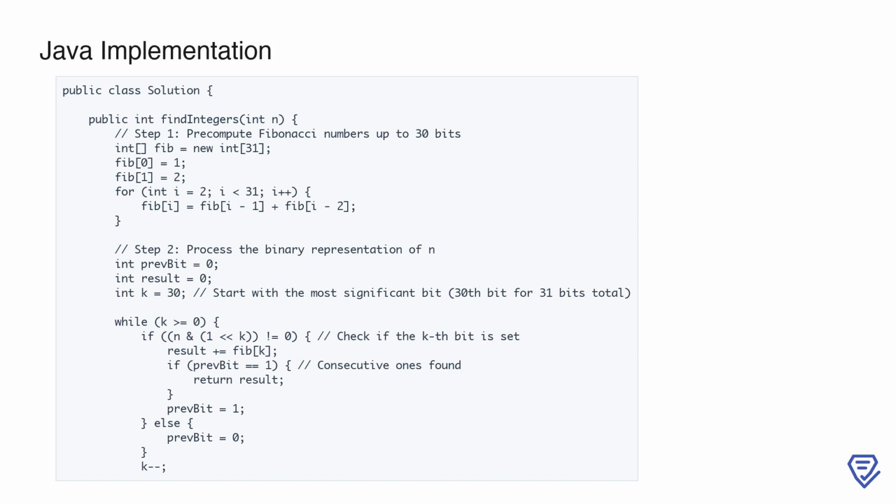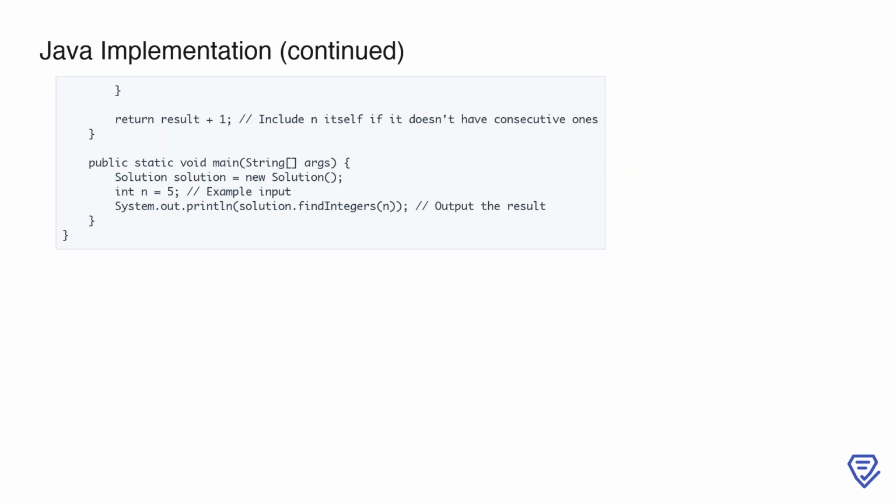However, if the previous bit was also set, indicating consecutive ones, we immediately return the result since numbers with consecutive ones are not valid. Once the loop finishes processing all the bits of n, we return result plus 1 to include n itself, provided it does not contain consecutive ones. This adjustment ensures that n is counted as a valid number if it meets the criteria.